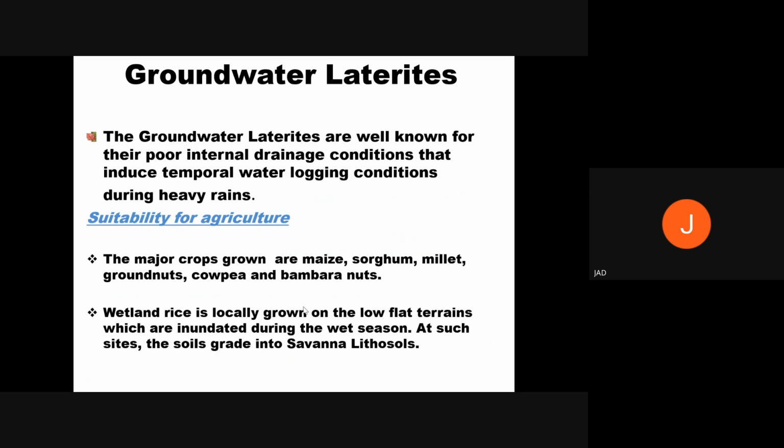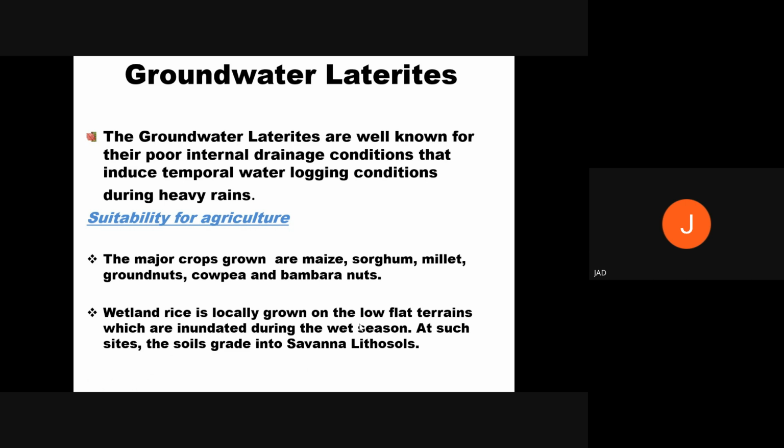Wetland rice is locally grown on the low-lying terrain, which are inundated during the wet season. At such sites, the groundwater laterite soils are very common. So that's why in the northern region you come across large scale rice production, unlike the southern parts, whereby we have most of our rice production in the valley bottom.